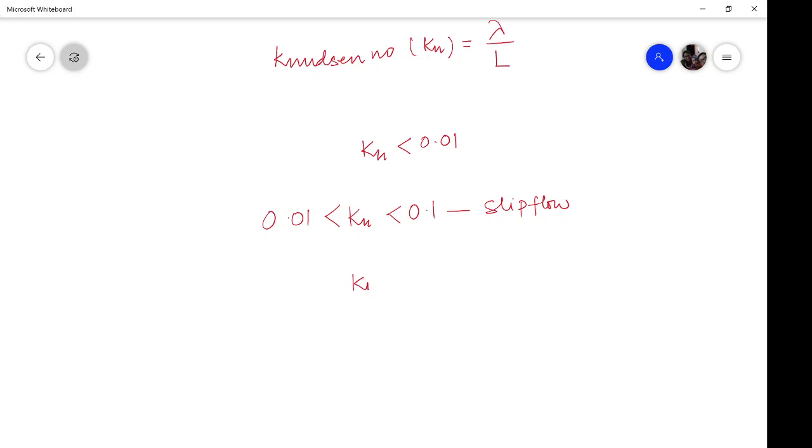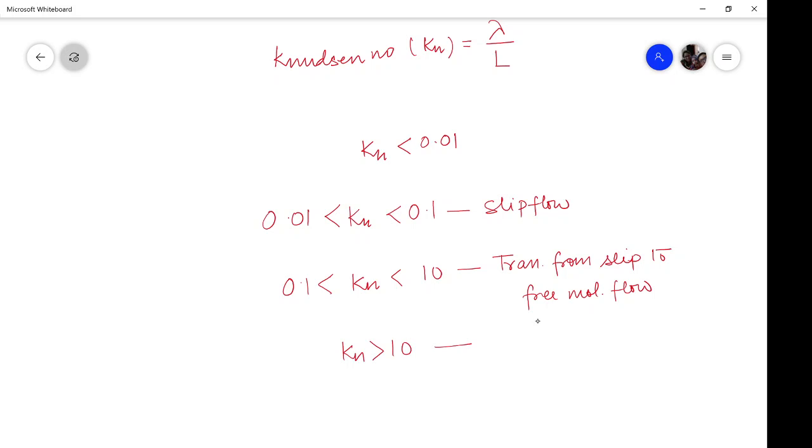If this number is more than 0.1 but less than 10, then this is a transition from slip to free molecular flow. And if this Knudsen number becomes more than 10, then this is free molecular flow.